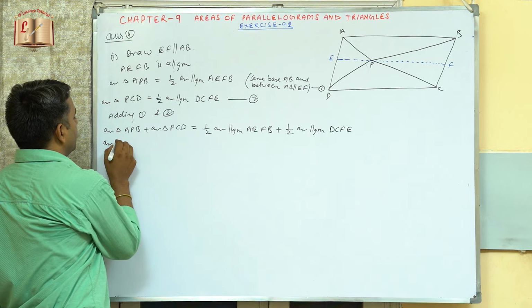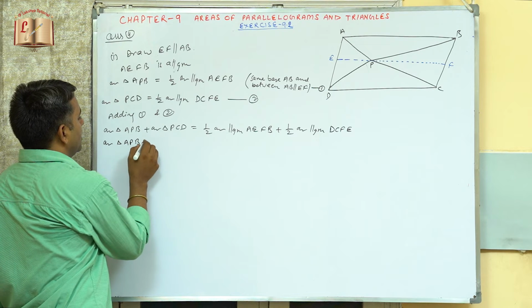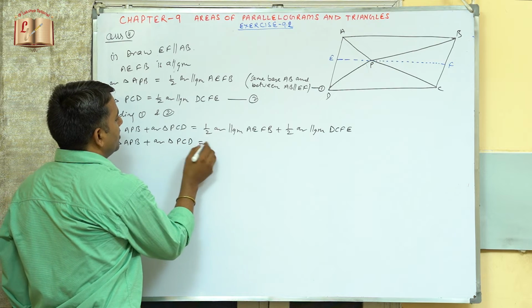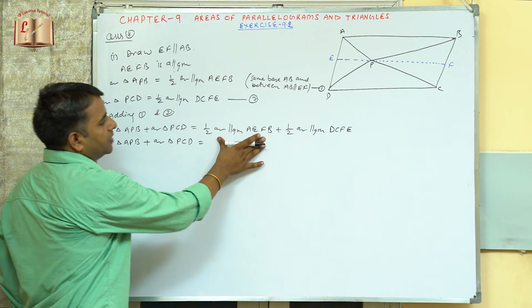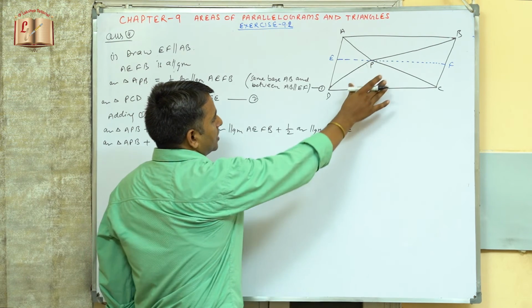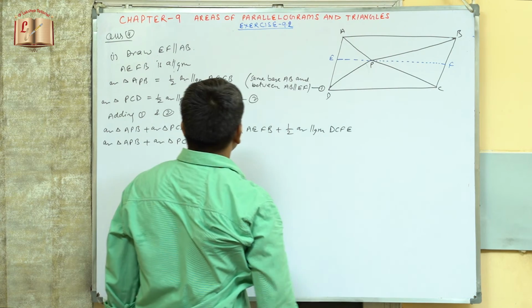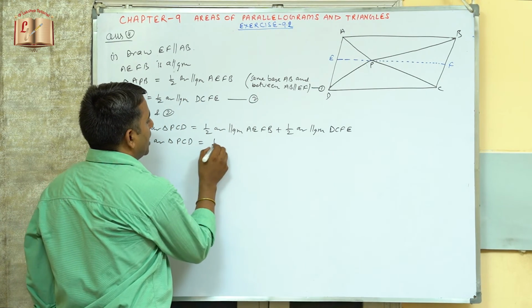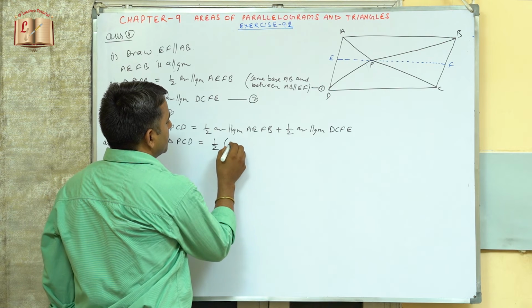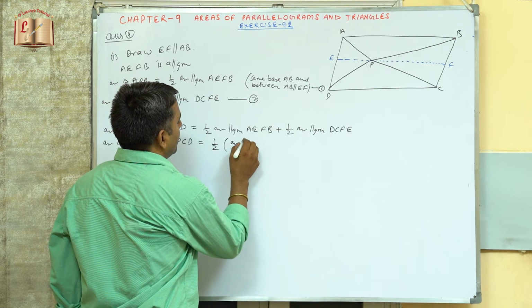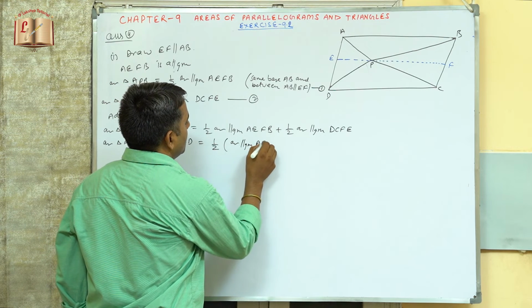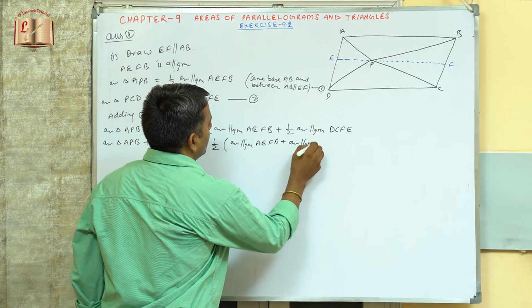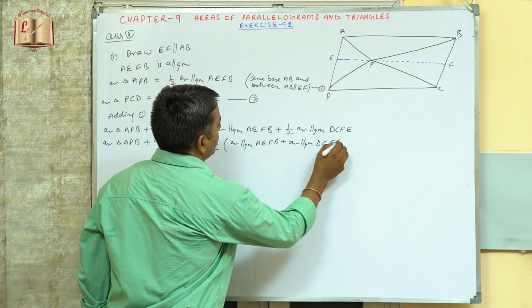So area of triangle APB plus area of triangle PCD will be equal to half of the area of parallelogram AEFB plus area of parallelogram DCFE.